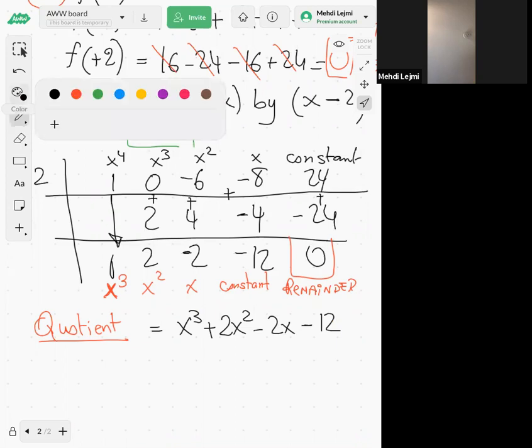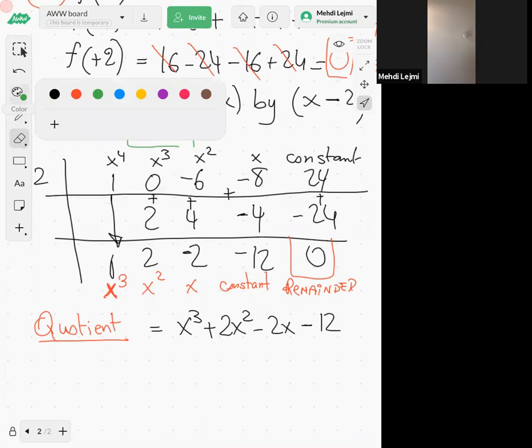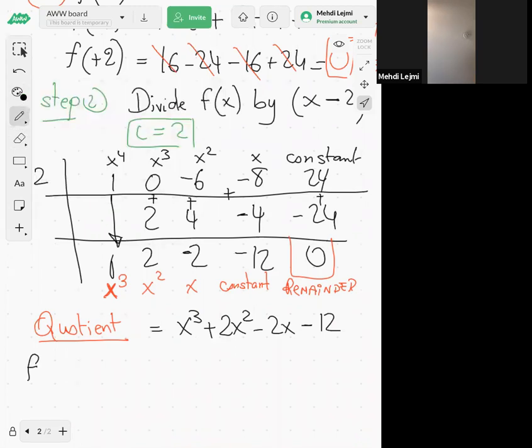Now, in the next step, step 3, we have to factor this quotient. So before step 3, what we are saying is our f of x is equal to the divisor, x minus 2, times the quotient, x cubed plus 2x squared minus 2x minus 12.